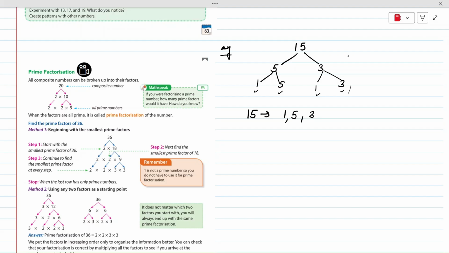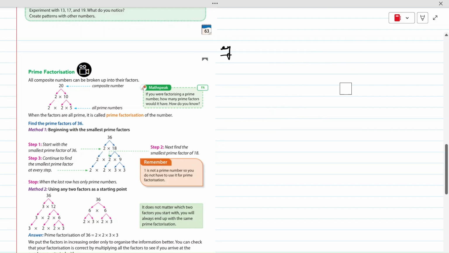Similarly, we can do this for the examples 20 and 36. Let me start with 20. What are the factors of 20? We can write 20 as 2 and 10. To this 2, we know it's a prime number, so we can either leave it here or write it again as 2 and 1.